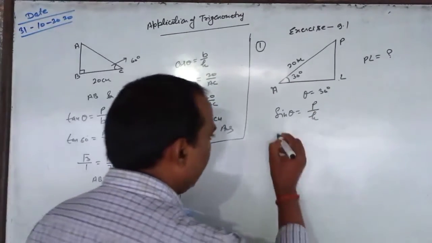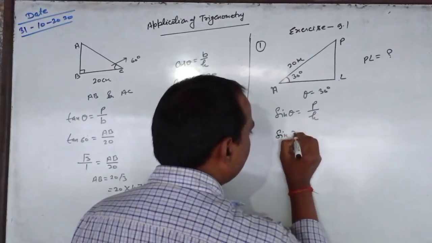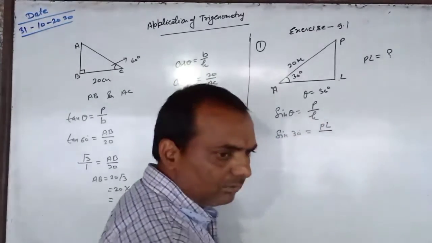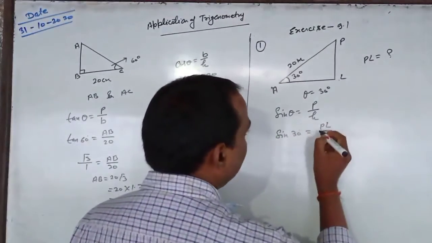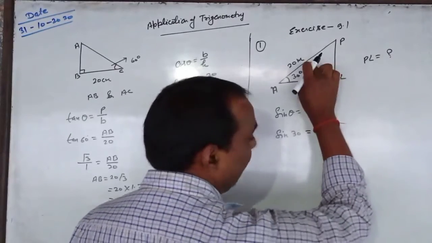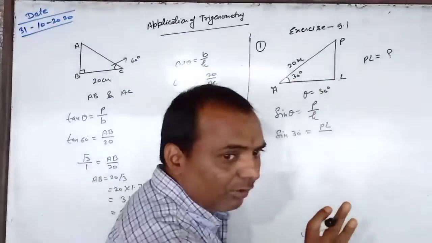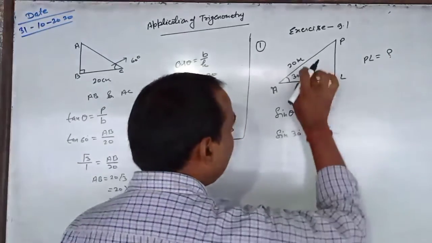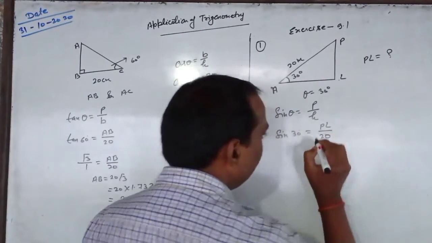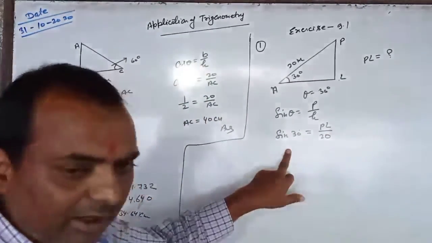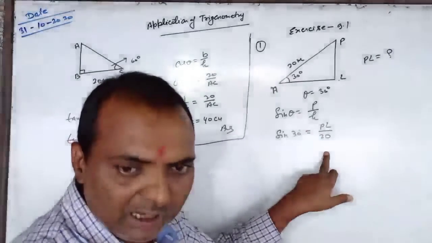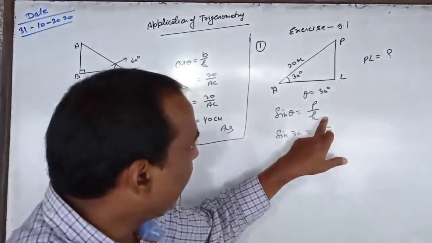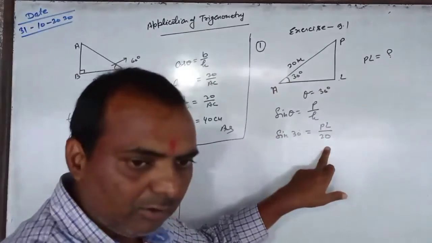So here theta is 30 degree, the perpendicular PL we have to find, and H means hypotenuse. So the hypotenuse is given 20. The perpendicular PL we have to find, and the hypotenuse AP is given 20.